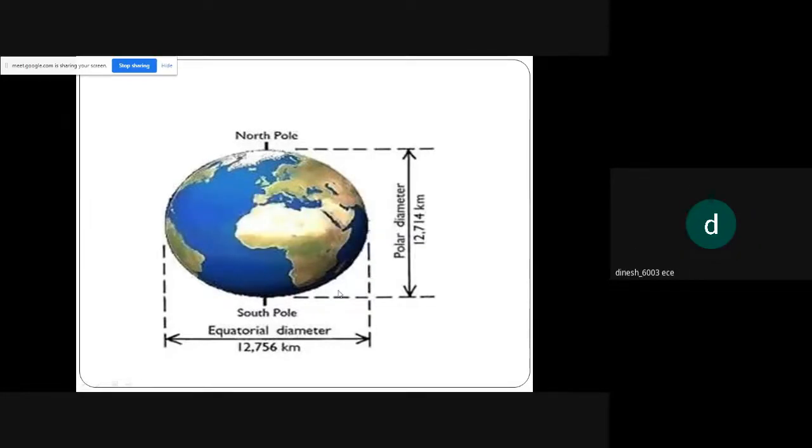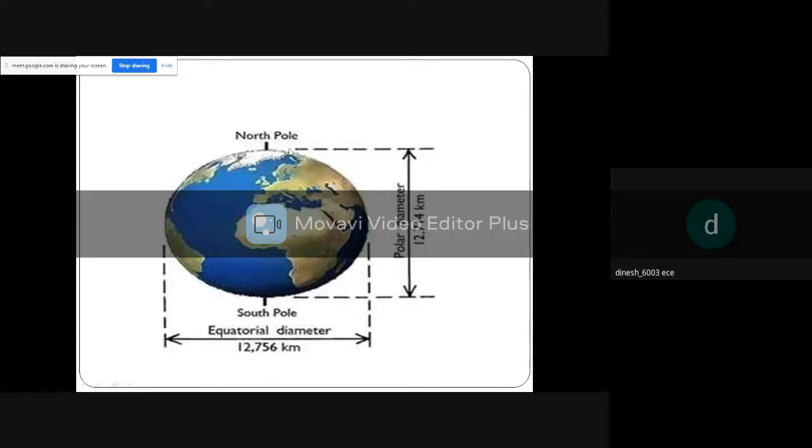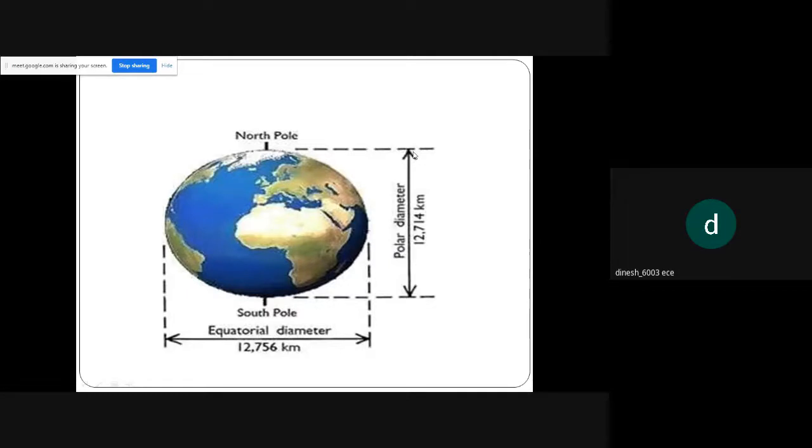Whereas the measurement from north pole to south pole, the latitude direction, is the polar diameter, which is 12,714 kilometers.